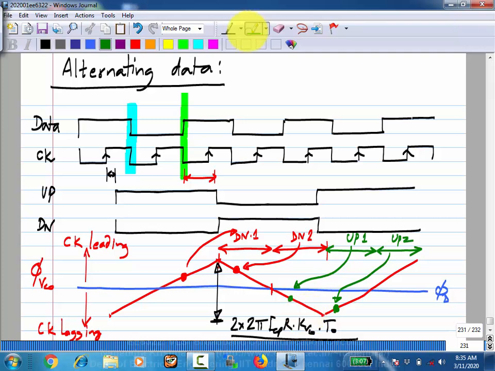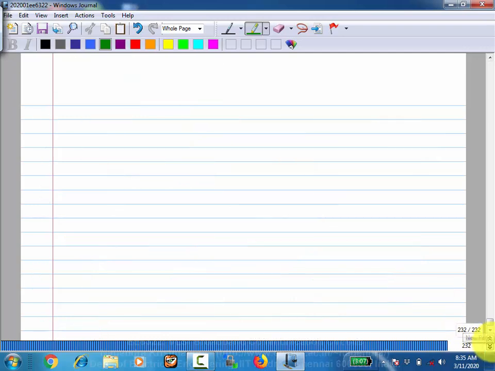But what happens, let's say, for instance, just for the sake of it, this is not something that you would want to do, but we have our bang phase detector, right?